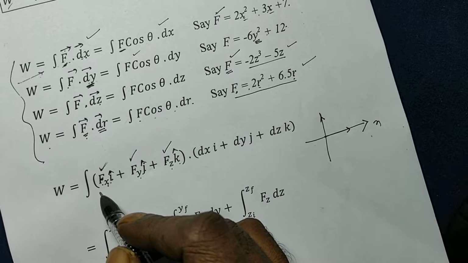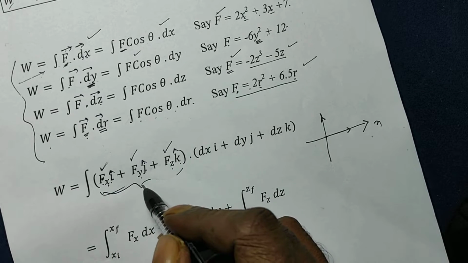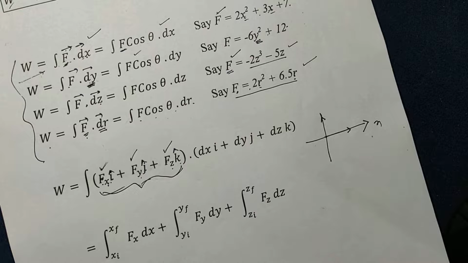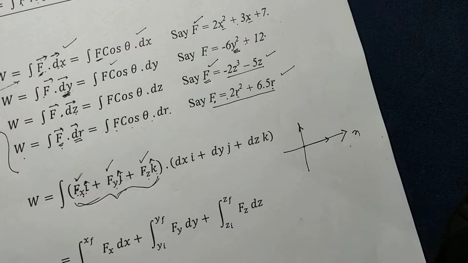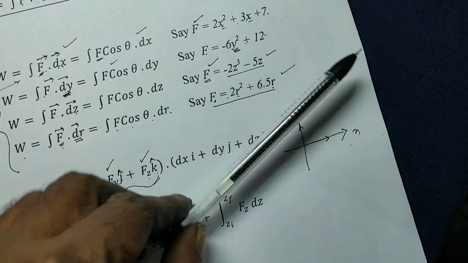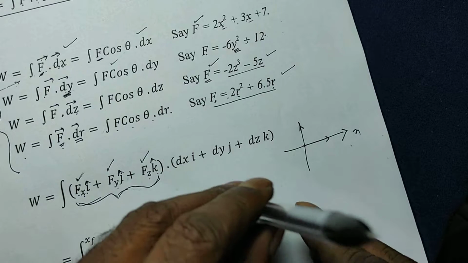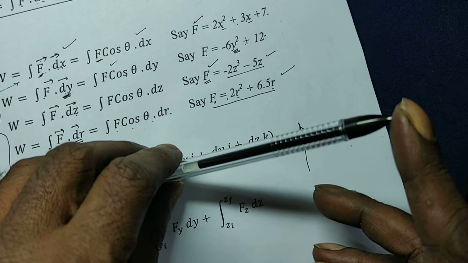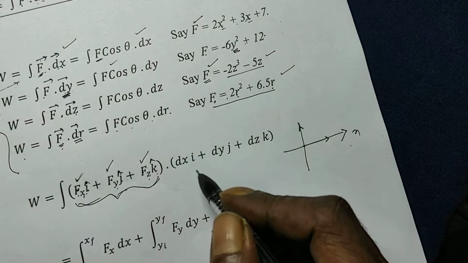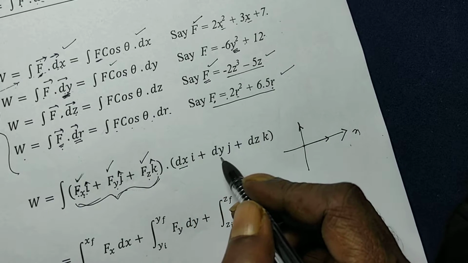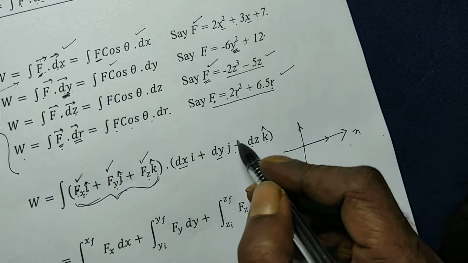So this part is your force, having three components along the x-axis, y-axis, and z-axis. Now, similarly, if the displacement vector is neither along the x-axis, nor the y-axis, nor the z-axis, but somewhere in space, then that displacement vector will also have three components, one along each axis. So we write dx I cap, dy j cap, dz k cap.